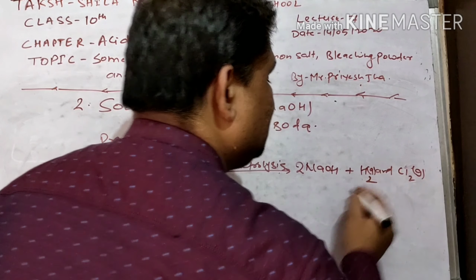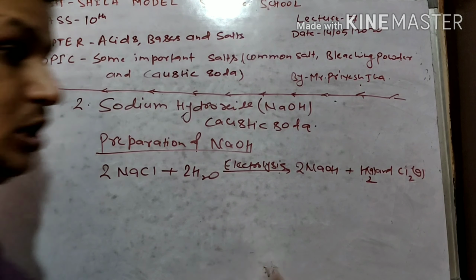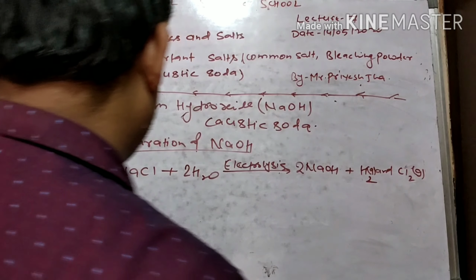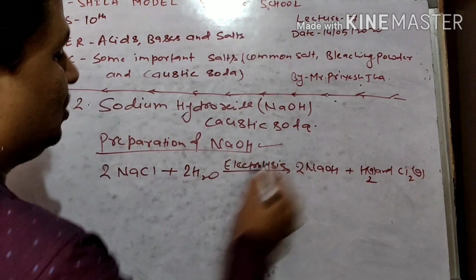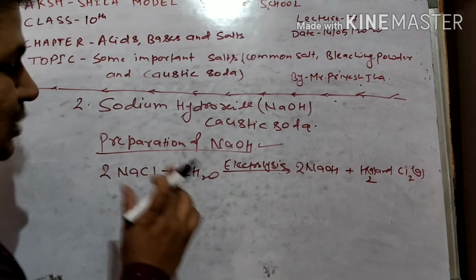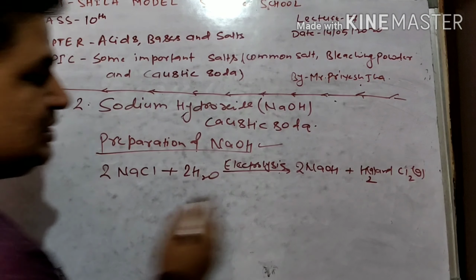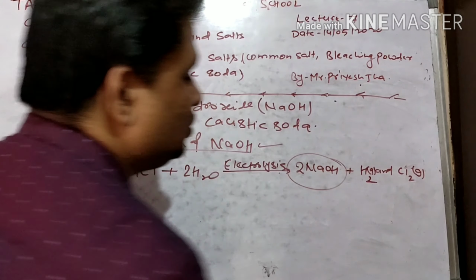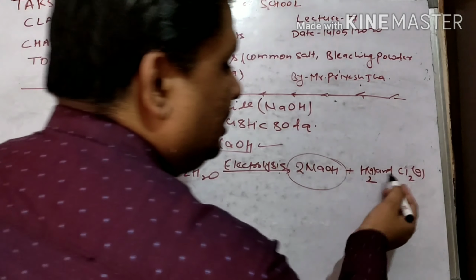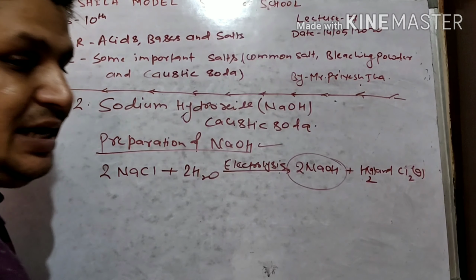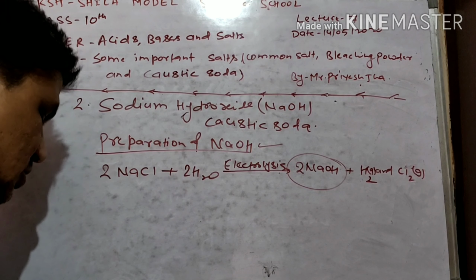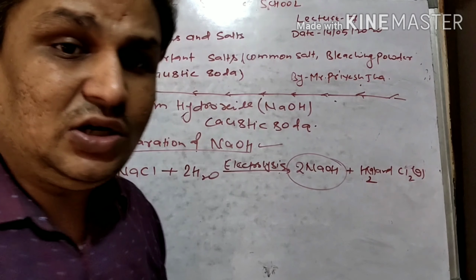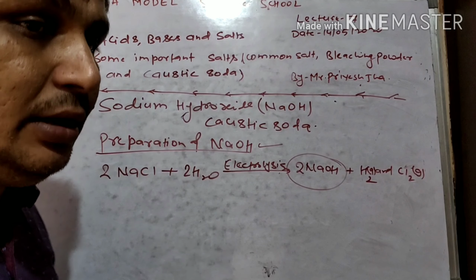The byproducts formed also have some importance. So in the preparation of sodium hydroxide, electrolysis of NaCl takes place, in which the main product is sodium hydroxide and the byproducts are hydrogen gas and chlorine gas, and this process is also known as the chlor-alkali process.